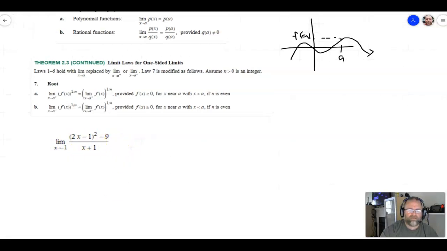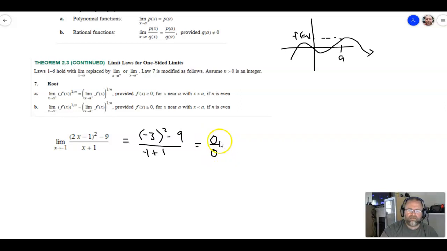And if we do that, let's see what we get. On the top, we're going to get -1 times 2, which is -2, minus 1, which is -3. So that's going to be (-3) squared minus 9 over, and on the bottom we're going to have -1 plus 1. And when we do that, you're going to get 9 minus 9 over -1 plus 1, which is 0 over 0.